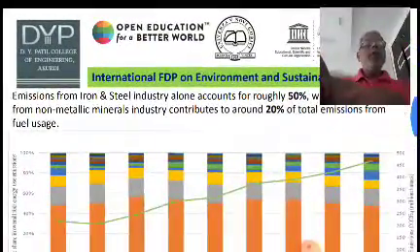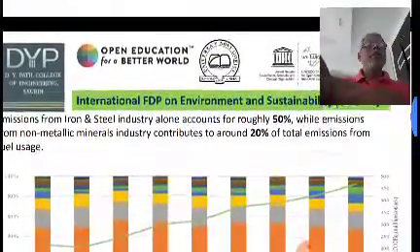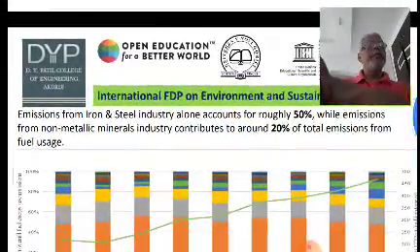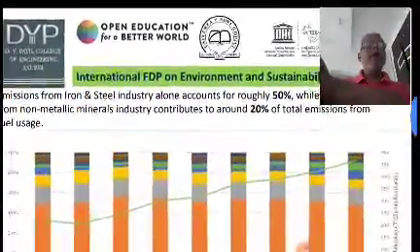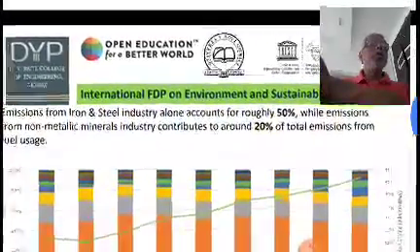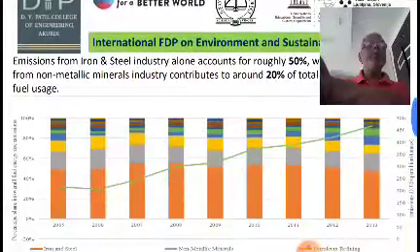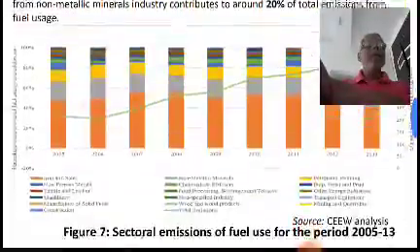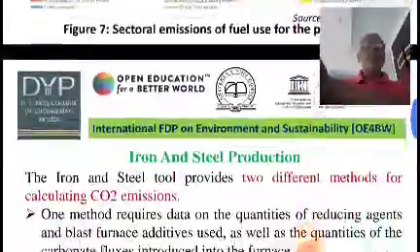Emission from the iron and steel industry alone accounts for roughly 45 to 50%, while emission from the non-metallic minerals industry contributes around 20% of the total emission. That means even the chemical industries and cement industries contribute less CO2 emission.